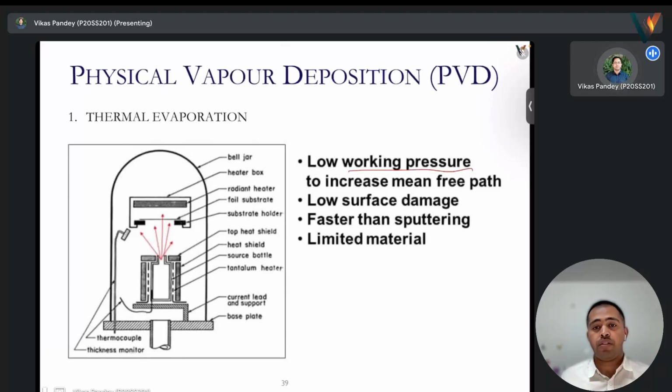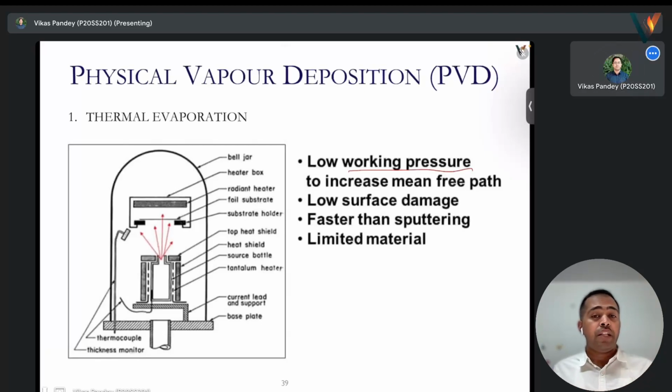Low surface damage is there. In this case the material is just evaporating and depositing, so it does not have a lot of energy that will penetrate inside the material.